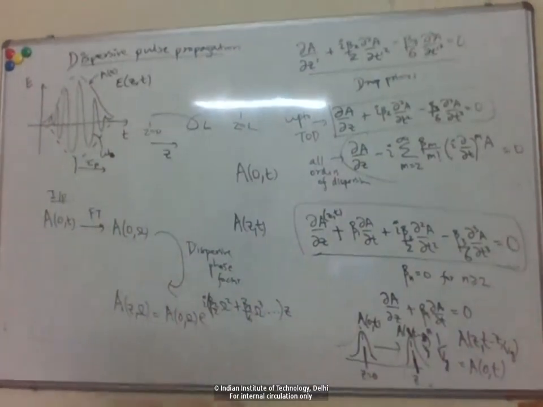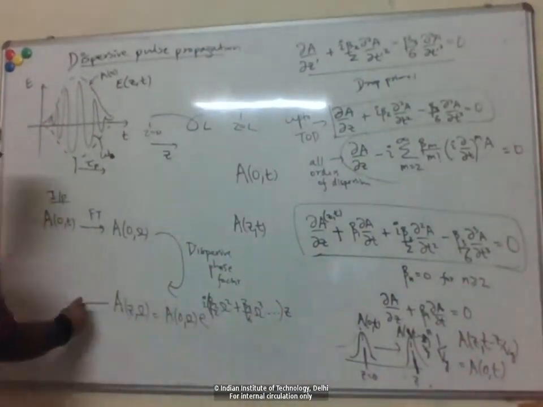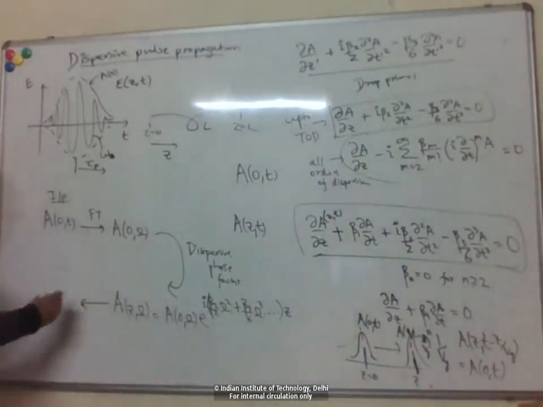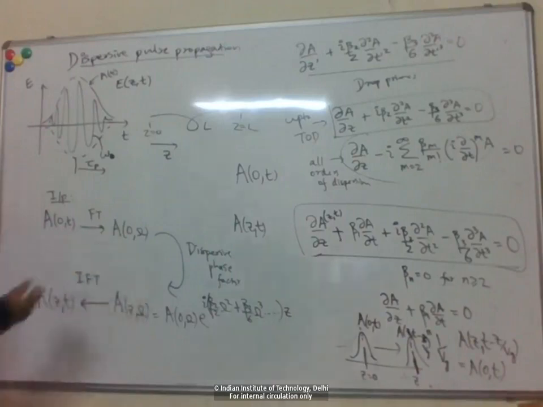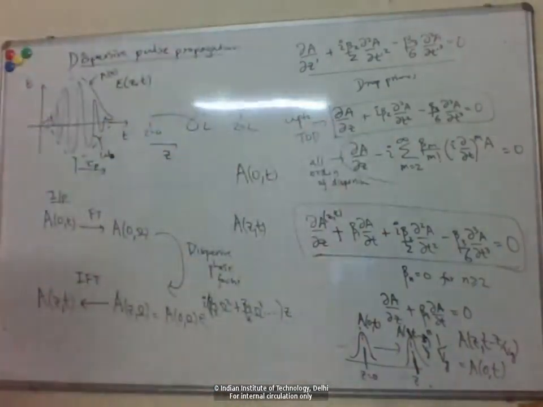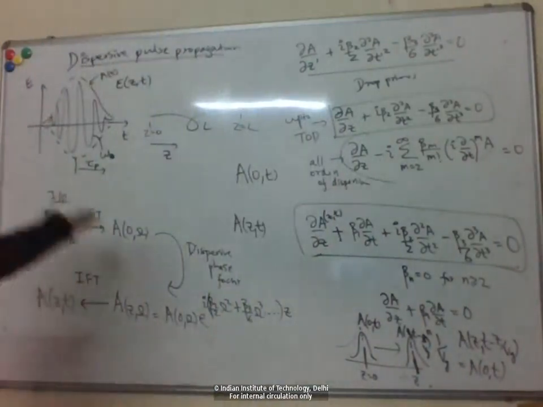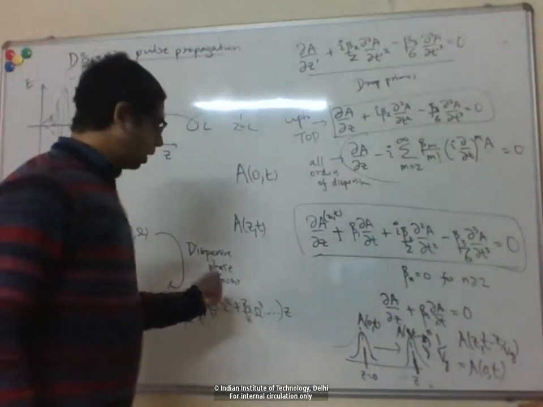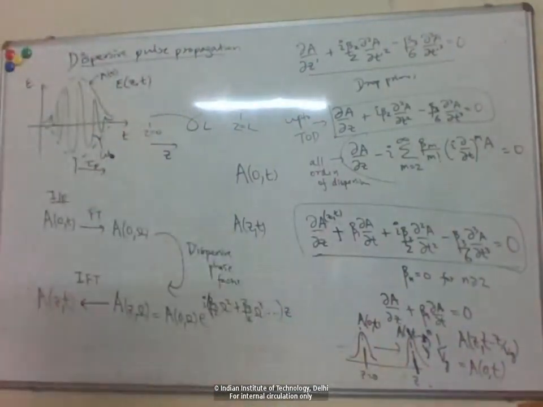And then to find A of Z comma t, I take the inverse Fourier transform. Okay, so this is how I actually solve this equation in practice. Right, these beta 2, beta 3 are all determined by the type of fiber I'm using.